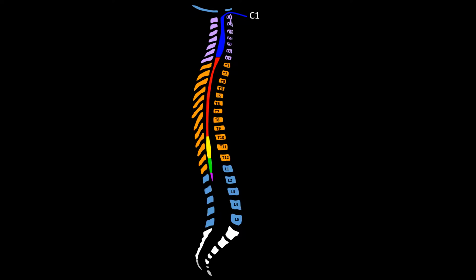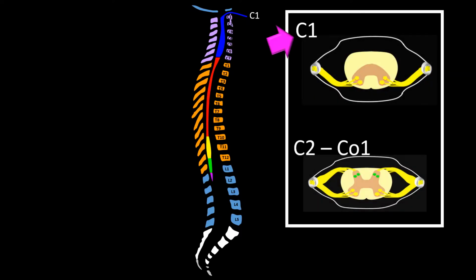The first spinal nerve exits the spinal canal between the skull and the first cervical vertebra. The first spinal nerve is peculiar because, unlike all other spinal nerves that are constituted by the union of a ventral and a dorsal root, the C1 spinal nerve most of the time is constituted by the ventral root only.